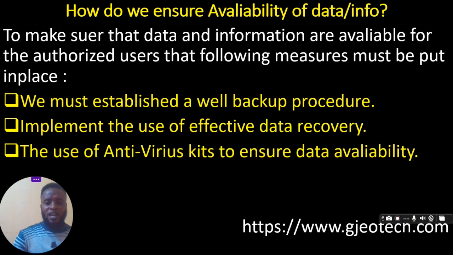Now, how do we ensure availability? To make sure that our data or information are available for authorized users, the following must be put into place. 1. We must establish a web backup procedure. 2.